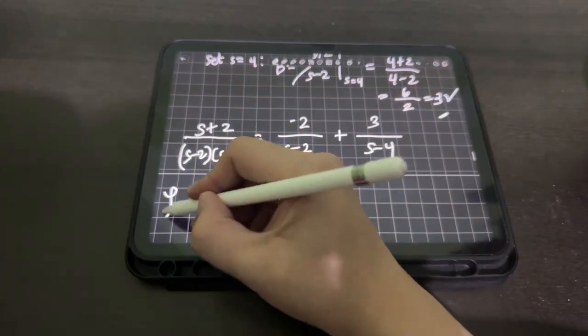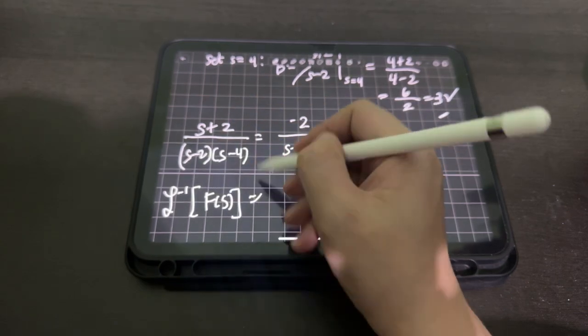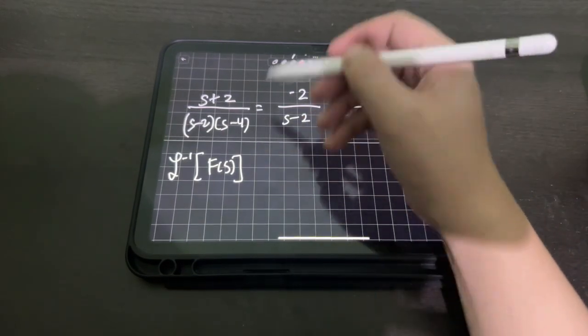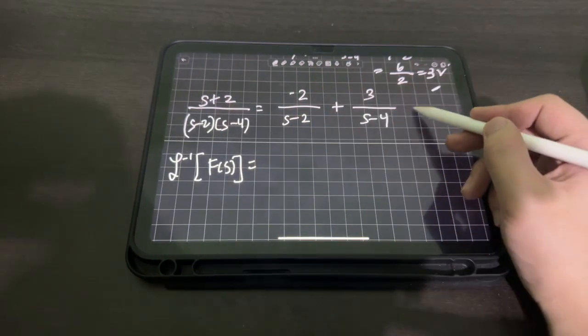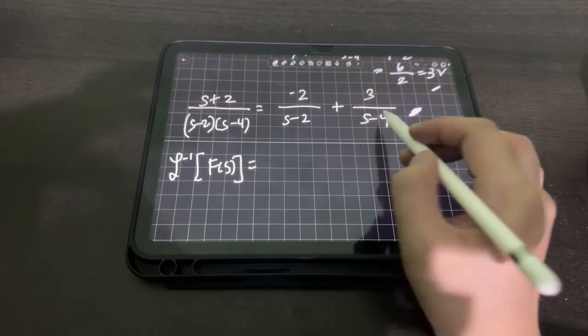So, getting the inverse Laplace transform of f of s, which is this original expression, which is now equivalent to this sum of partial fractions, you can just get the inverse Laplace transform of each.